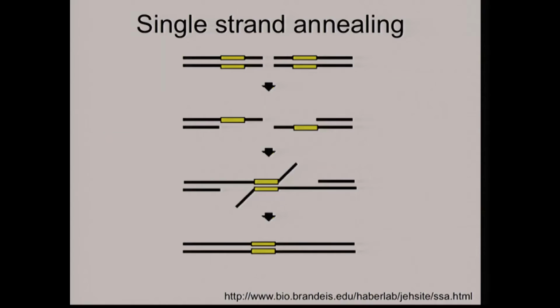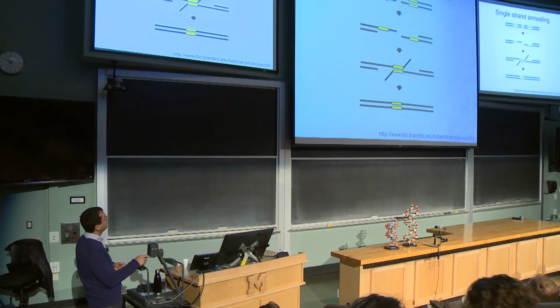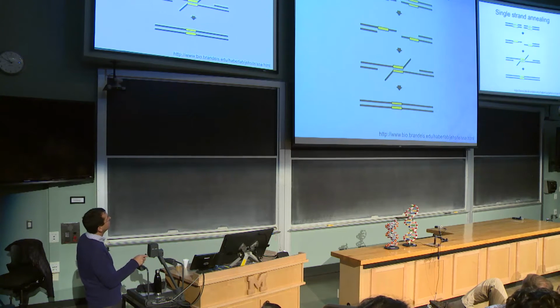Okay, so then there's another pathway called single-strand annealing, and this is where we're going to think about complementary base pairing a little bit. So here we have our double-stranded DNA, and it's broken. And then proteins are going to chew back or recess those ends. And so you have the two strands here, and one of these strands will be chewed back. Okay?